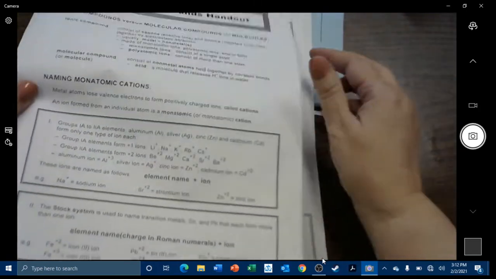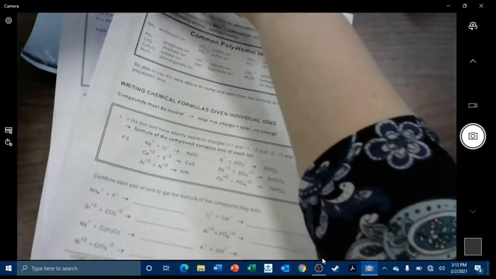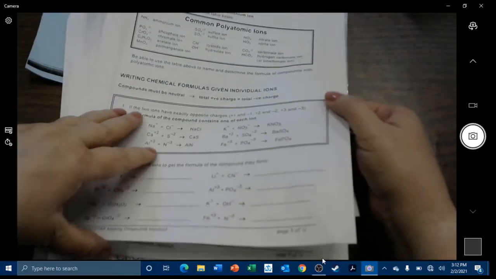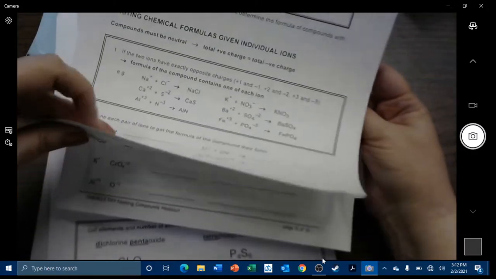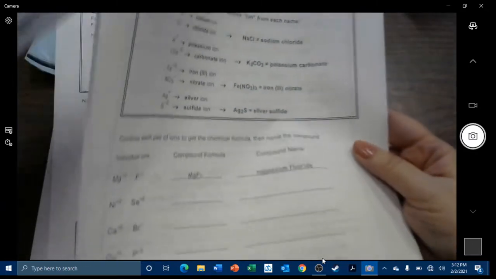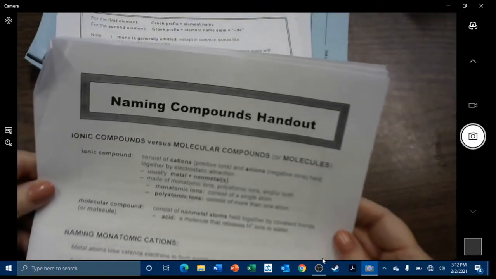Ionic compounds are a metal and a nonmetal, and covalent compounds are two nonmetals. So I'm going through our packet that we had before.